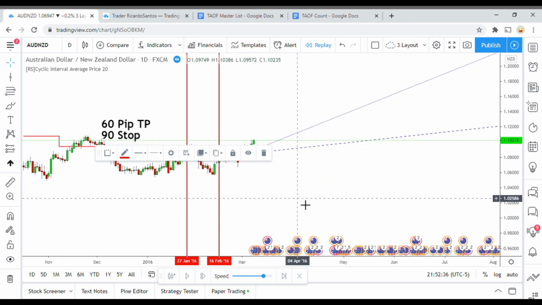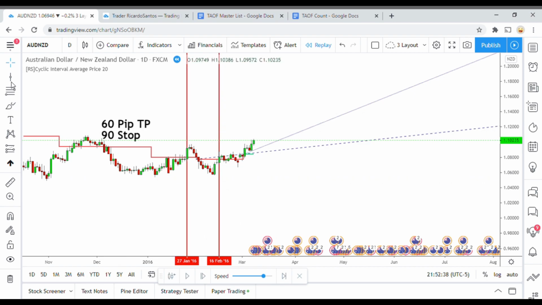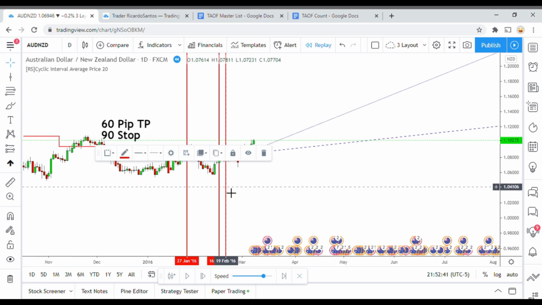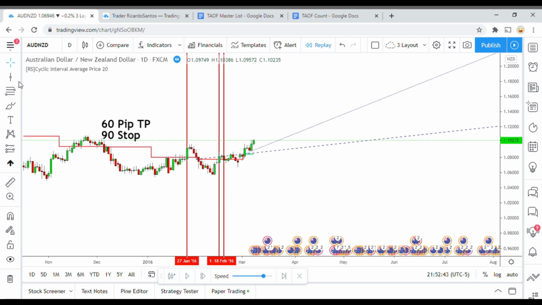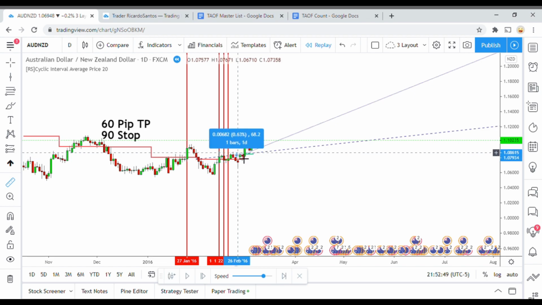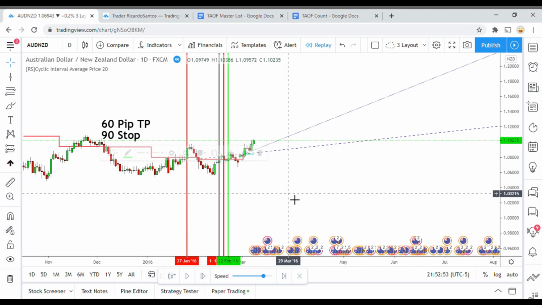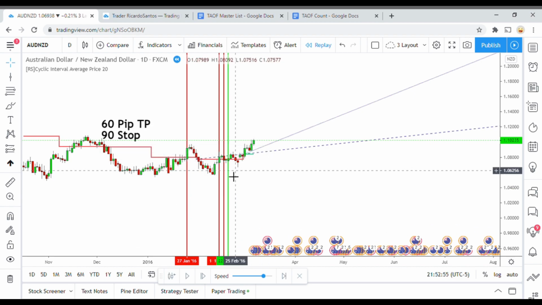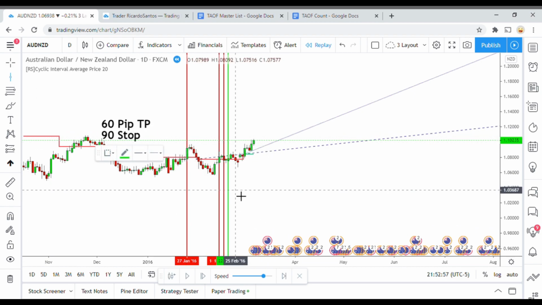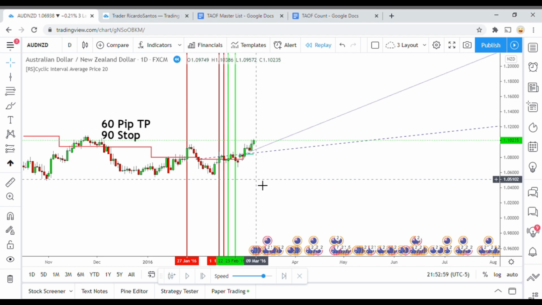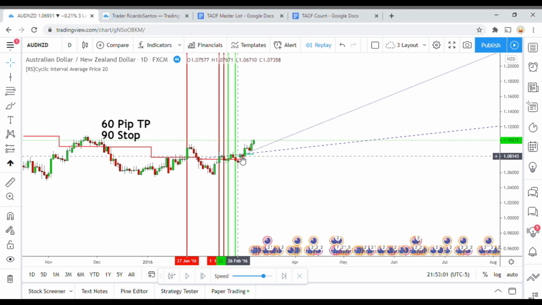And let's see, so we get another long signal there, short signal here, then a long signal there. That might have gotten us to take profit. Let's see, it did. And then it breaks down below here, which would have gotten us to take profit.